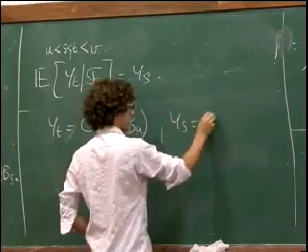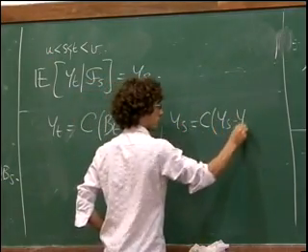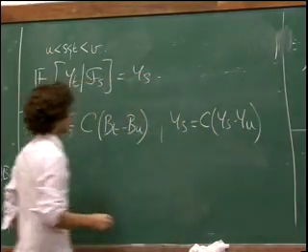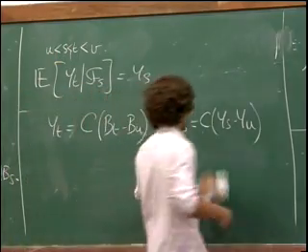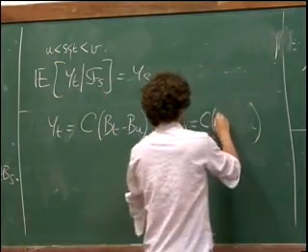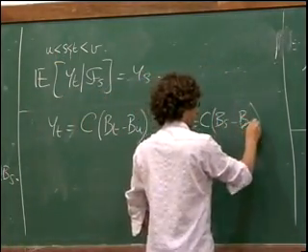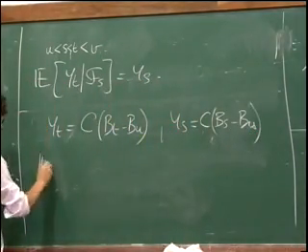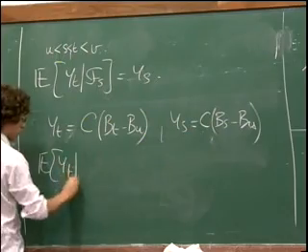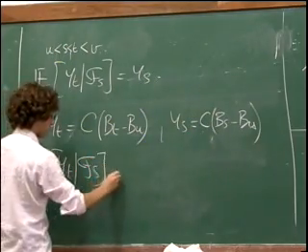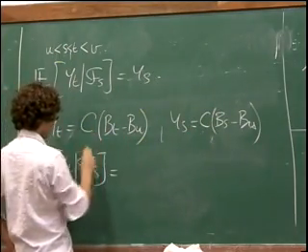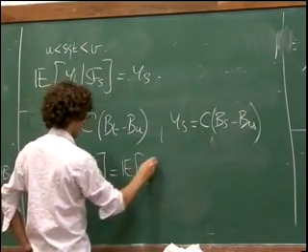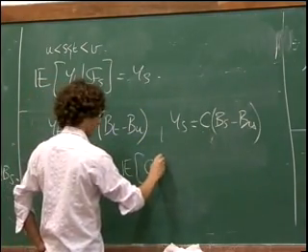Ys is C times Bs minus Bu. So when I look at the expectation of Yt knowing Fs, it's exactly the expectation of this horrible thing.